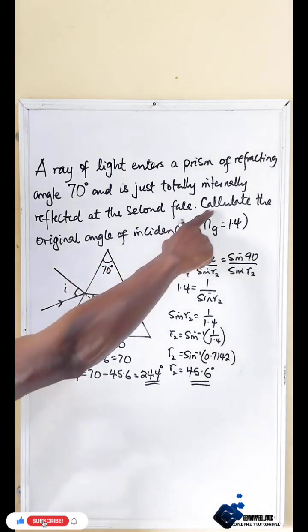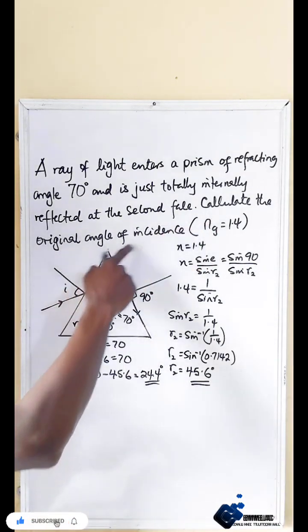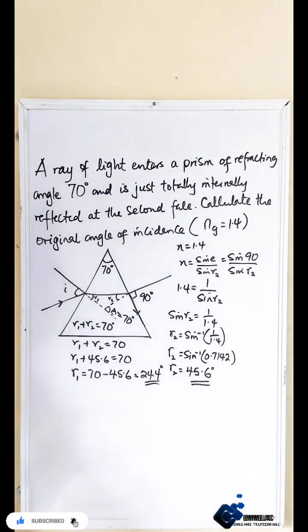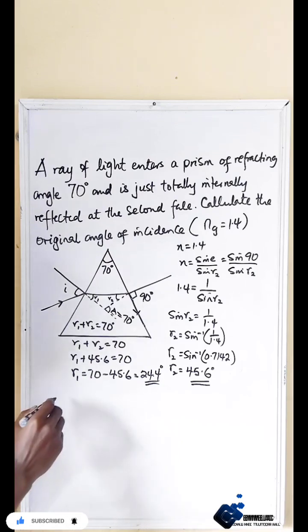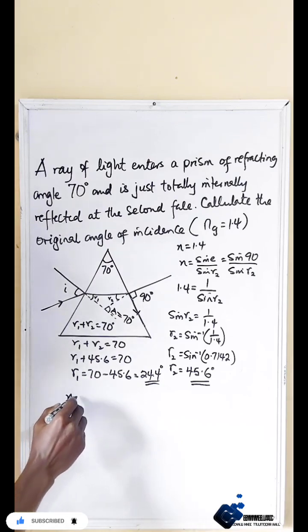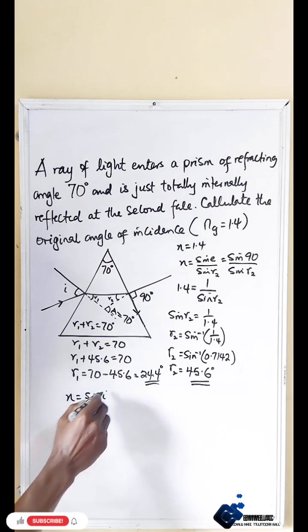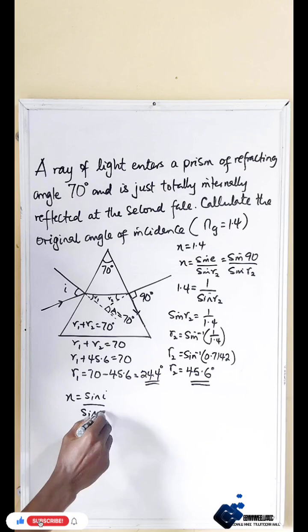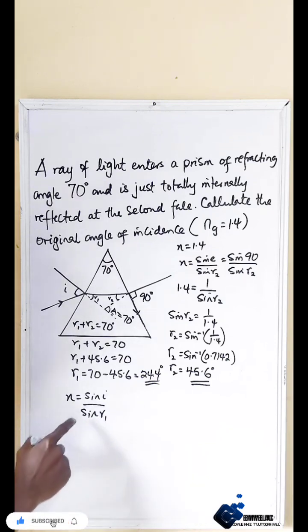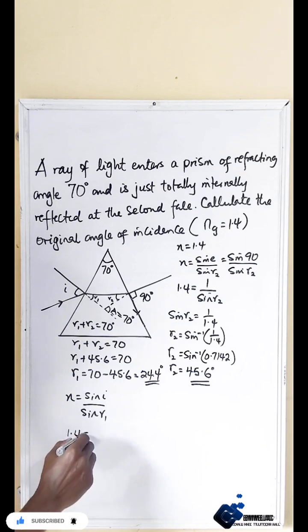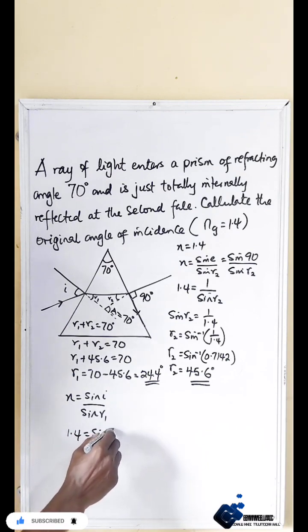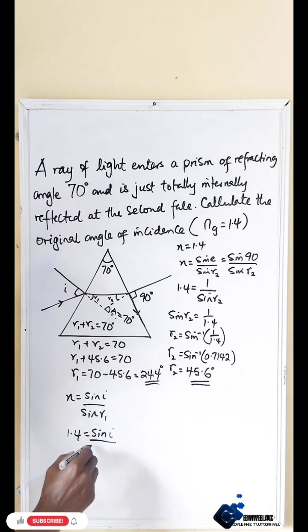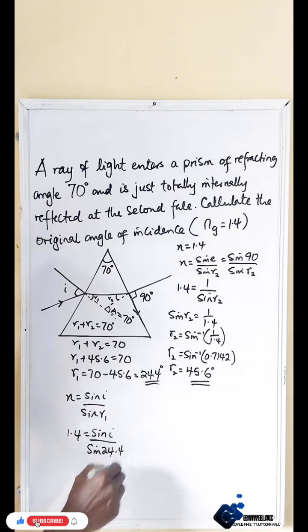Now take note, we are to calculate the original angle of incidence. Now that we've calculated this, let us come back: n equals sine i all over sine R1, and the refractive index of the glass or prism is 1.4, which equals sine i all over sine 24.4.